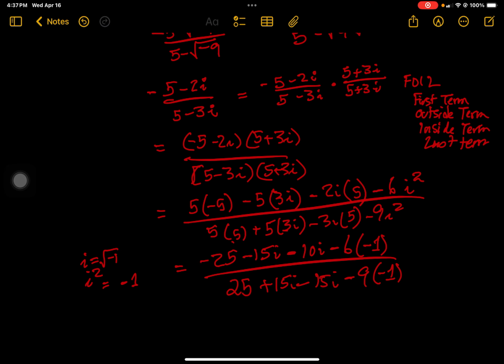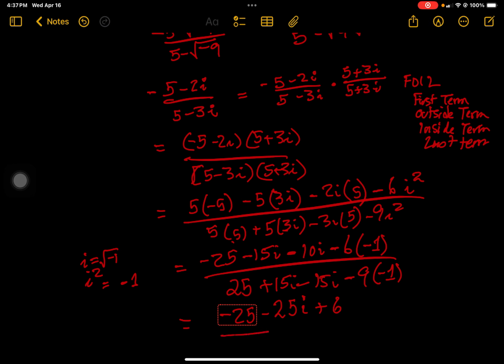So this then becomes, in the numerator, minus 25, then minus 15i and minus 10i. You add the coefficients, both of them minus, so minus 15 minus 10 is minus 25i, and then two minuses: minus 6 times minus 1 is a plus 6.